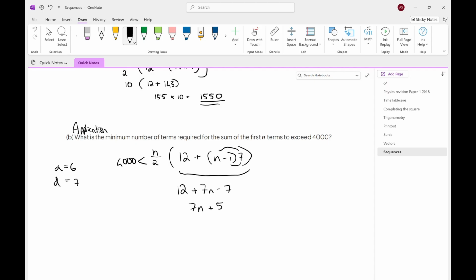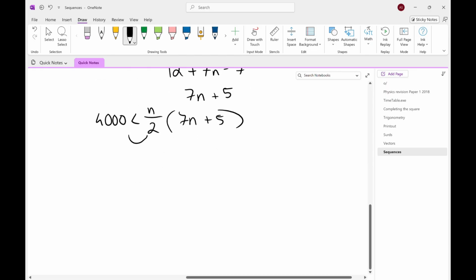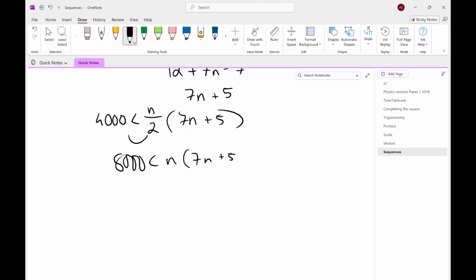So now we have 4,000 is less than n over 2 times 7n plus 5. What we're going to simply do is times it by 2. So 8,000 is less than n times 7n plus 5.